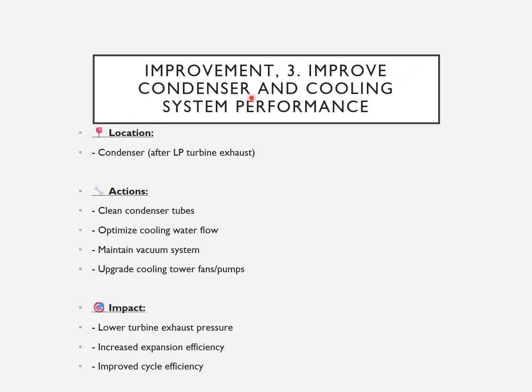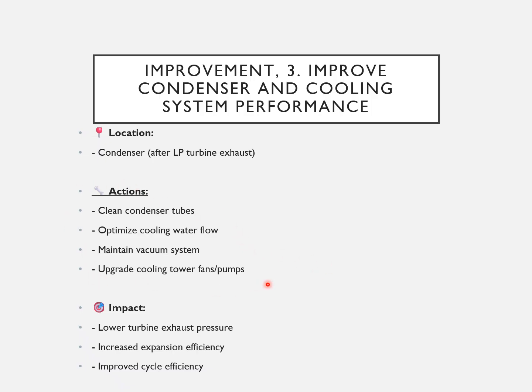Improvement 3: improve condenser and cooling system performance. The location is the condenser after the low pressure turbine exhaust. Action: clean condenser tubes, optimize cooling water flow, maintain vacuum, upgrade cooling tower and fans. This is maintenance, cleaning, greasing and tightening.